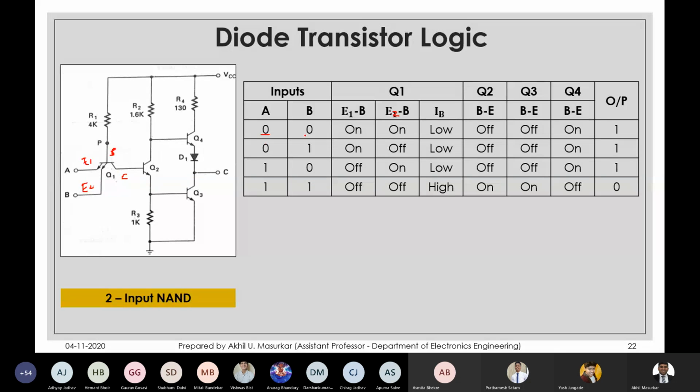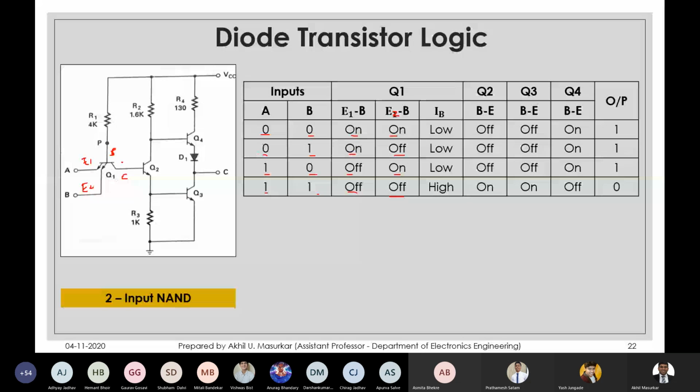So if this is 0 0, this is on. This is 0 1, this is on off. This is 1 0, this is off on. 1 1 means off off. So wherever there are zeros, emitter base junctions are going to become on for this transistor Q1, and IBs are going to be low in the first three cases.